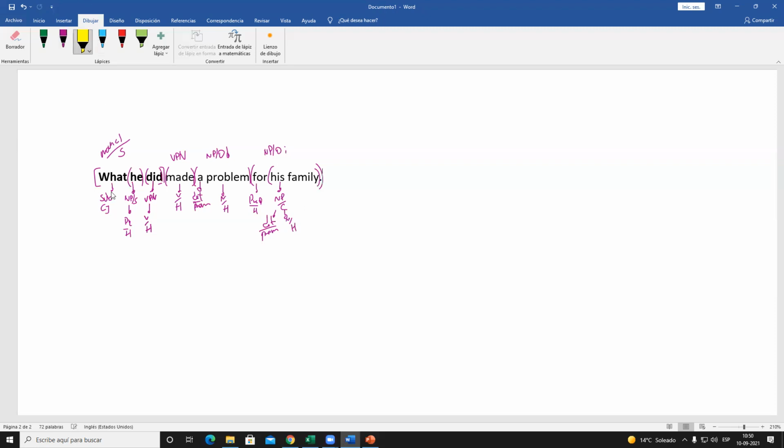As you can see then, what he did is a clause. Why? Because it has a subject-verb relationship on the one hand. It is not any type of clause, but a dependent clause. Why? Because it doesn't have enough context and must be linked to an independent clause. How is this being linked?